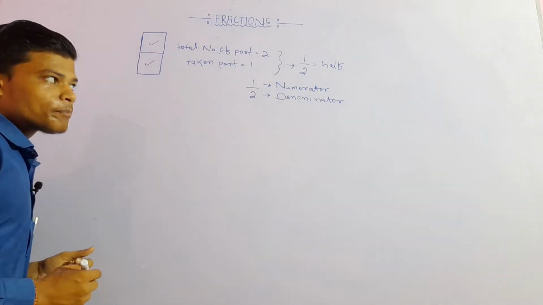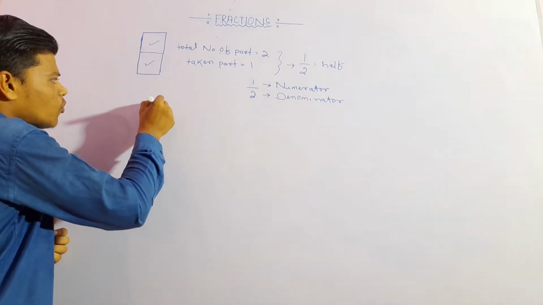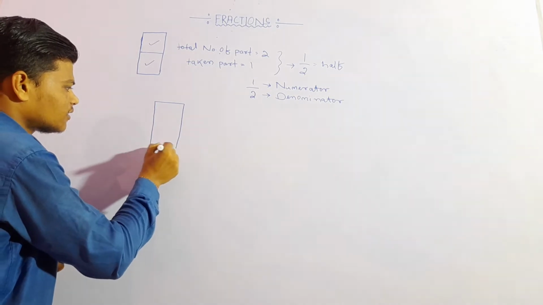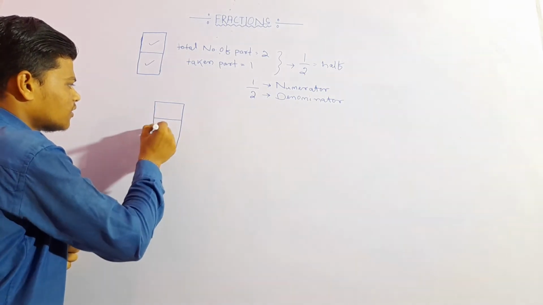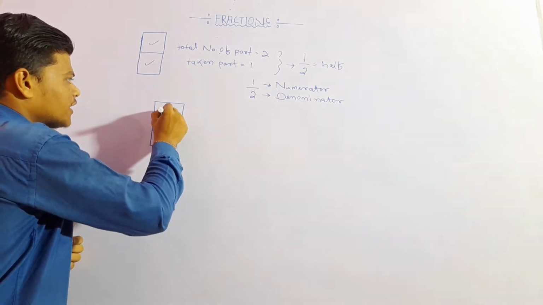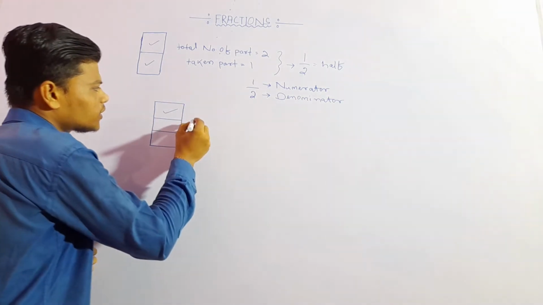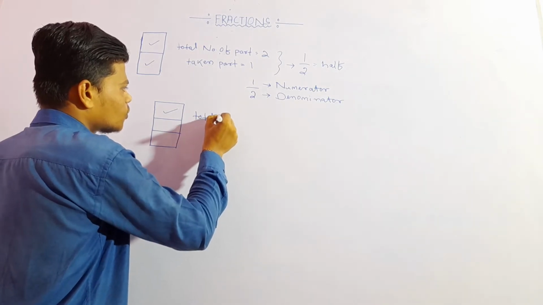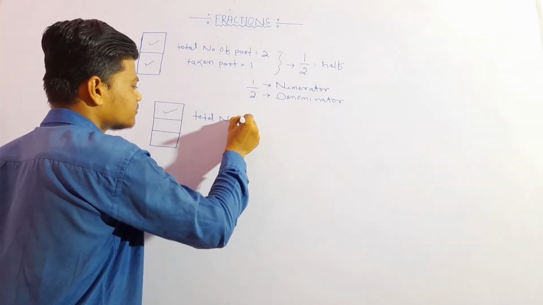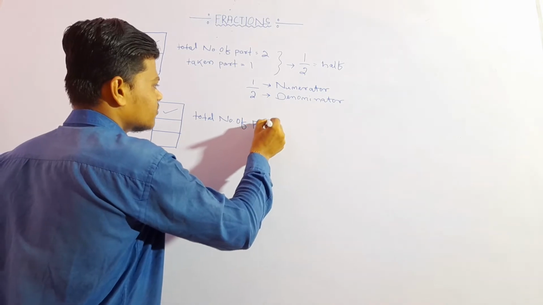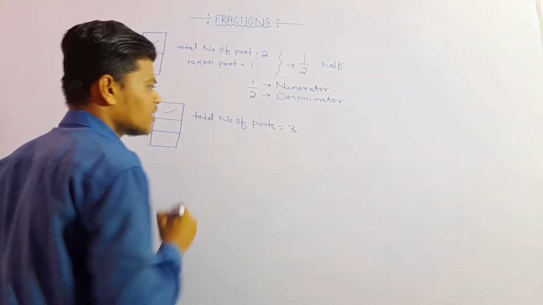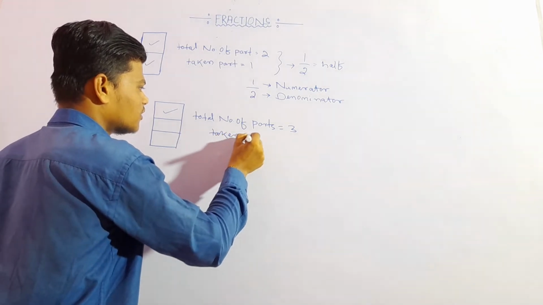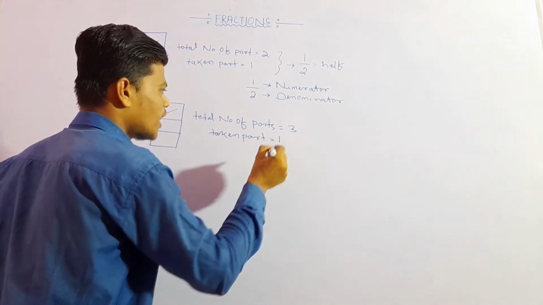See, if you divide another whole thing into 3 equal parts and take one part, the total number of parts will be 3 and the taken part is 1.